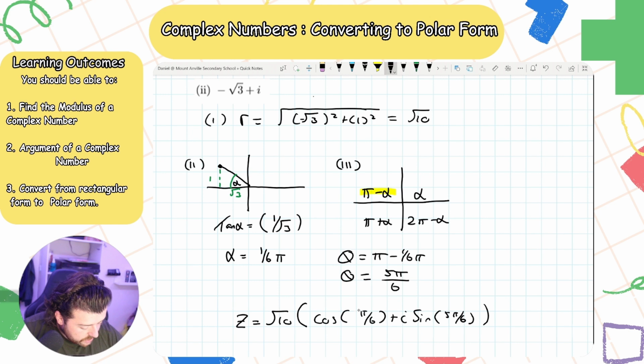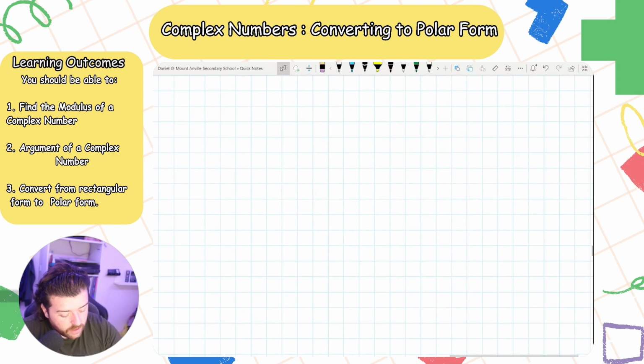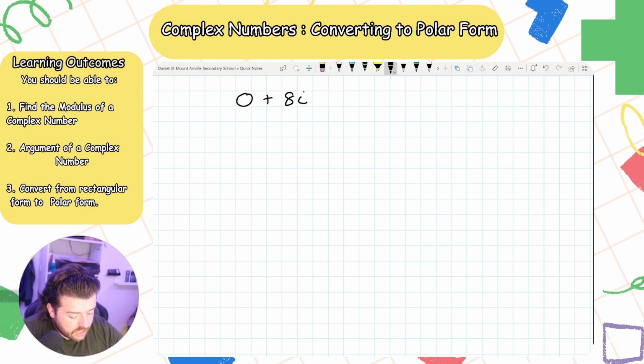So something you just have to be careful of here as well. What if one of my points is on an axis? So let's take this for example. Say I have the complex number 0 plus 8i. Actually, let's say 0 minus 8i. Let's make it crazy.